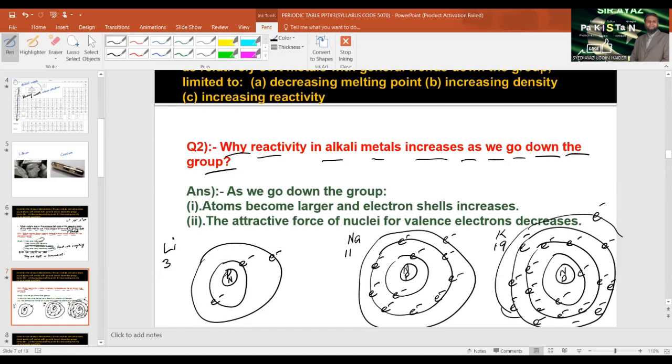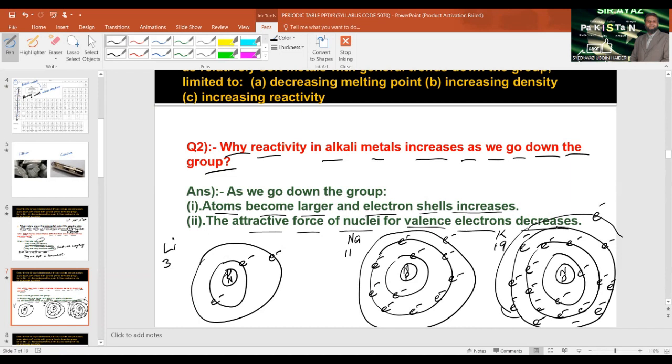You see the size, the atoms become larger and electron shells increase. So the attractive force of nuclei for valence electrons decreases.